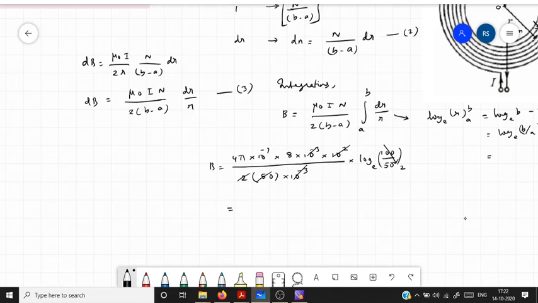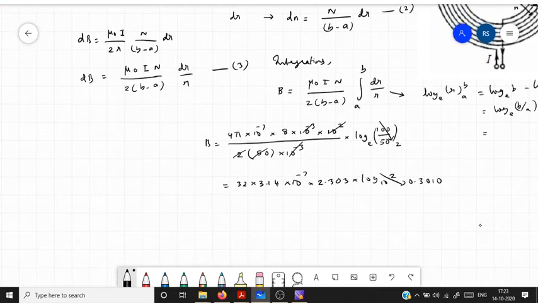Therefore, the net value will be 32 into 3.14 into 10 to the power of minus 7, times log 2 base e, which can be written as 2.303 times log 2 to the base 10, which is 0.3010.